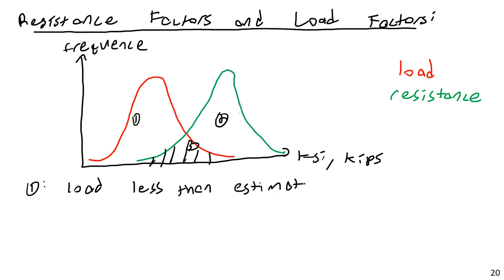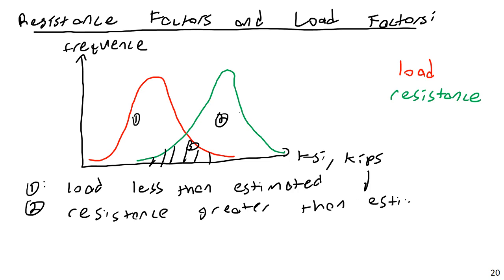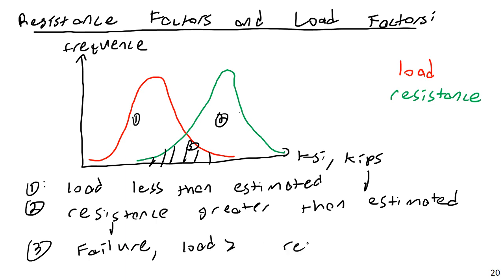No problem, you're fine. In region 2, resistance is greater than estimated. So we're good. But in zone 3, the overlapping range, this is failure, because at this point the load is further to the right than the resistance. Load is greater than resistance.